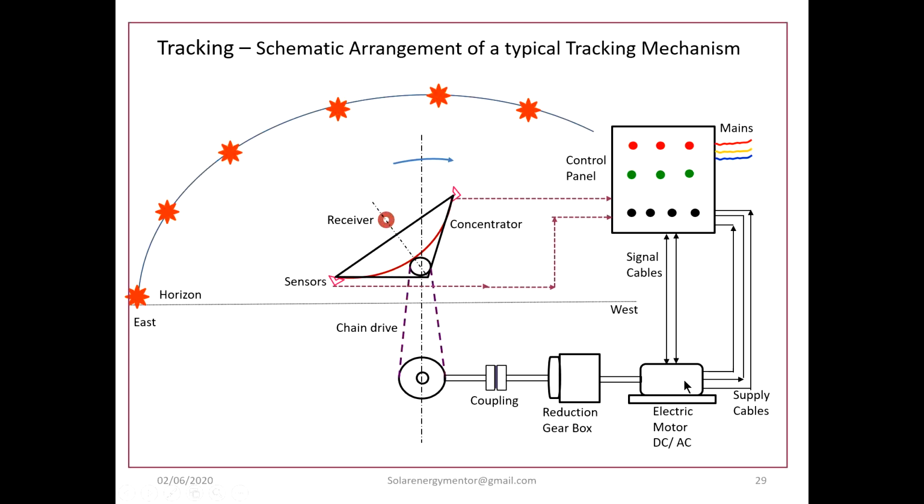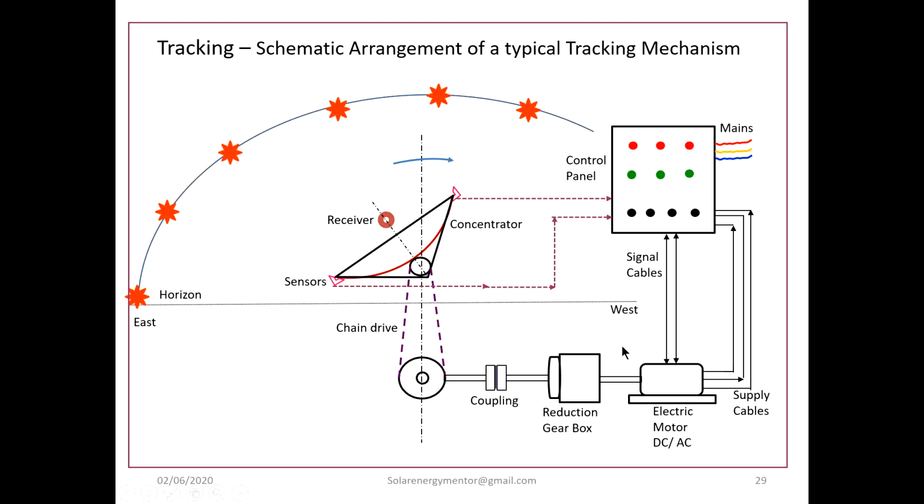So 720 revolutions per minute is the input to the gearbox, and this gearbox is required to produce half a revolution, that is 180 degrees of revolution, over a day. So one can imagine the extent of the reduction needed.